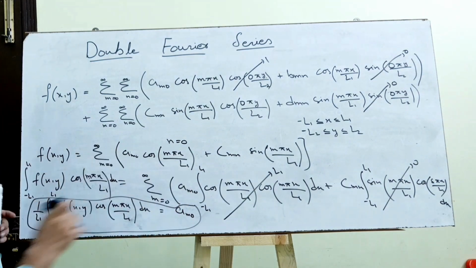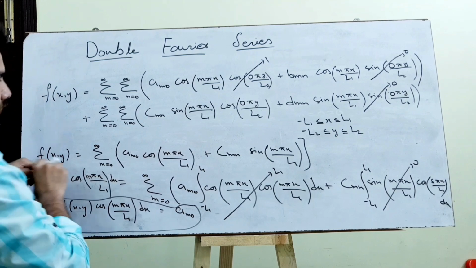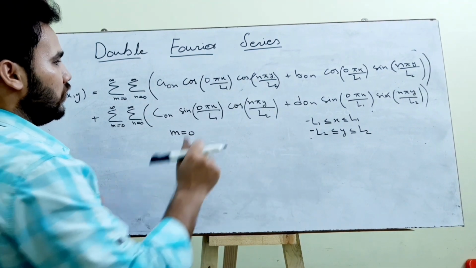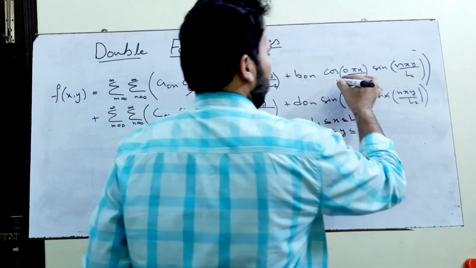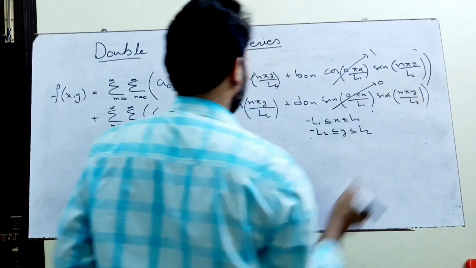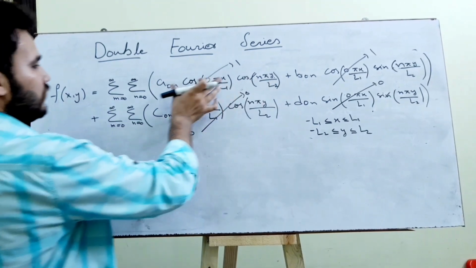Now for the other coefficient, with m equal to 0, the series will be like this. Now we know that cosine 0 is 1, sine 0 is 0. Now the remaining part is the upper one.